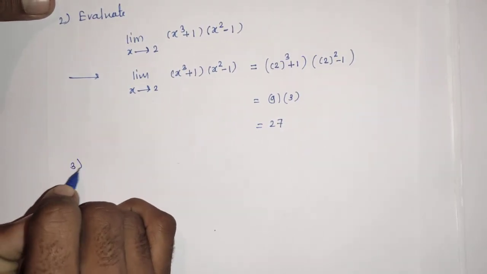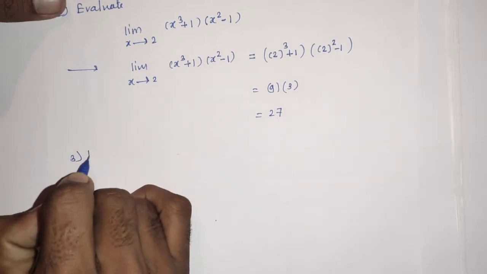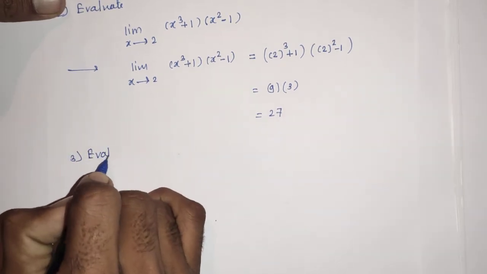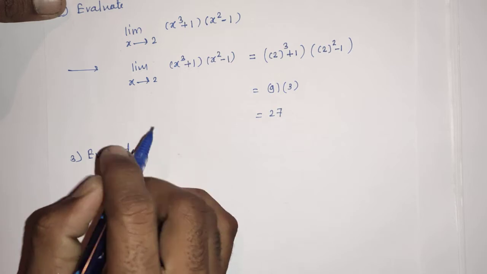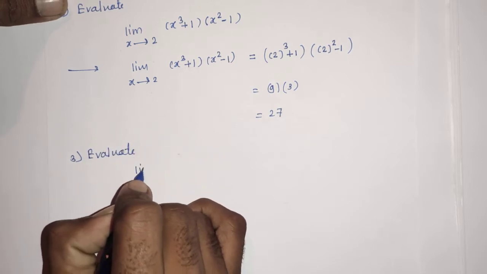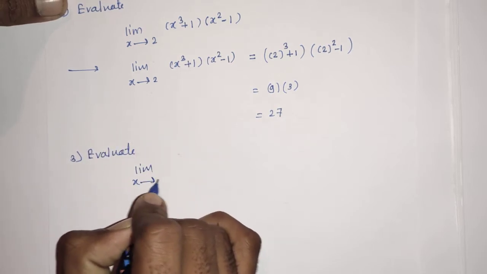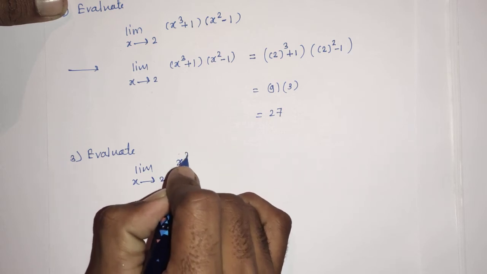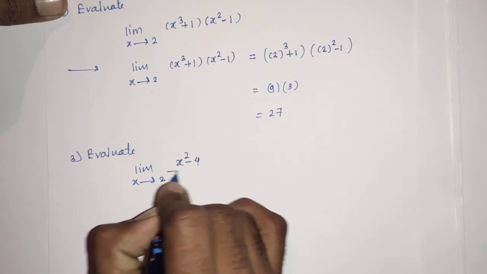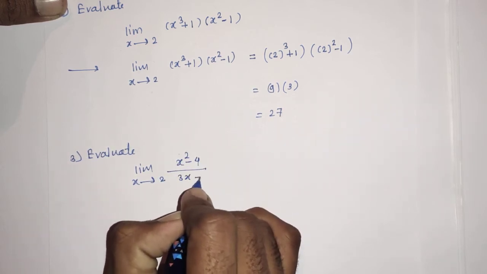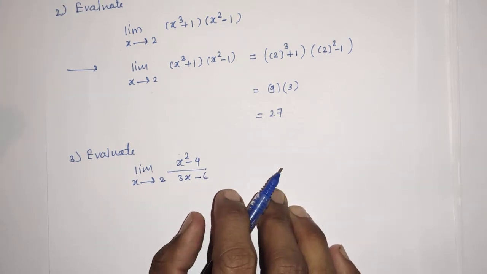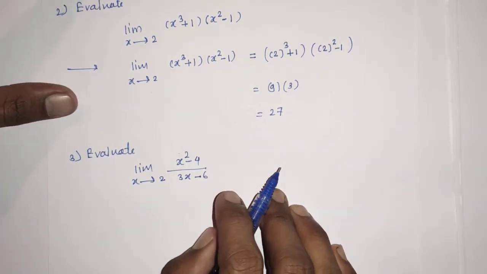The third example is: evaluate the limit as x tends to 2 of x square minus 4 divided by 3x minus 6.